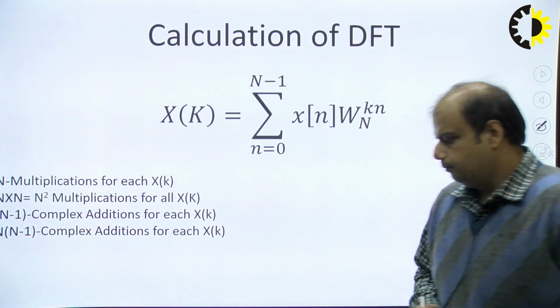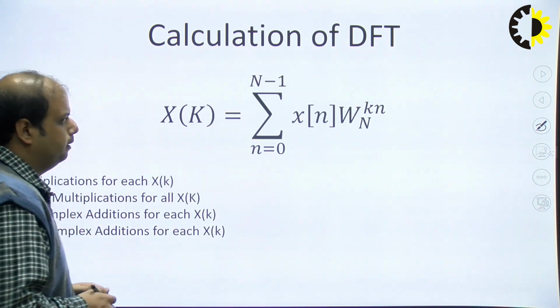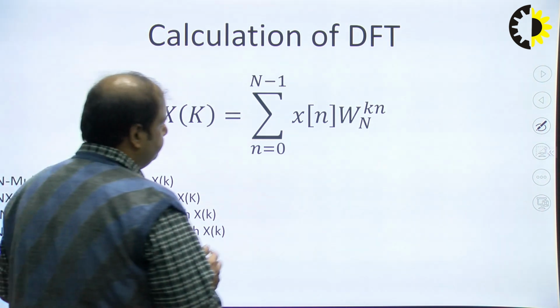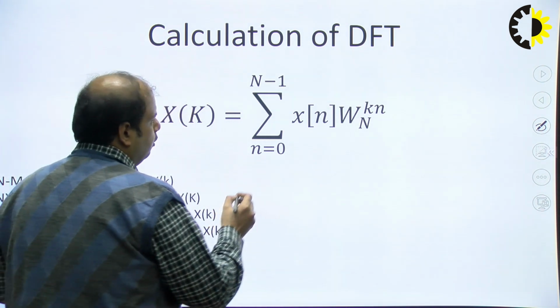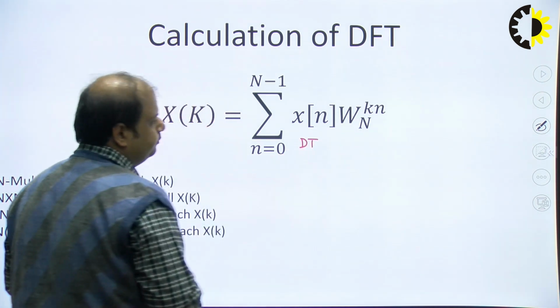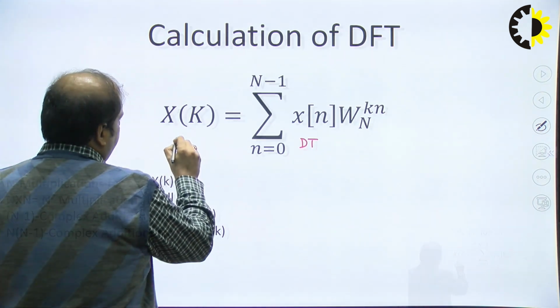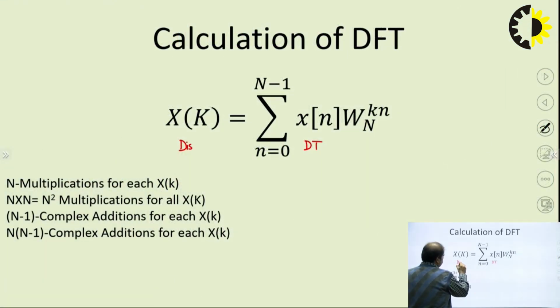So, the discrete time Fourier transform, as we all know, is a method of evaluating the Fourier transform of discrete time signals. These Fourier transforms are discrete in frequency.